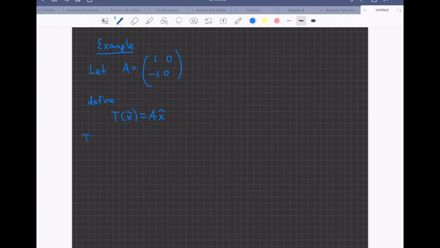So T will be from R2 up to R2. One kind of problem that you can find in the assignments and the exercises from WebWork is: is the element 2, 2 in the range of T?